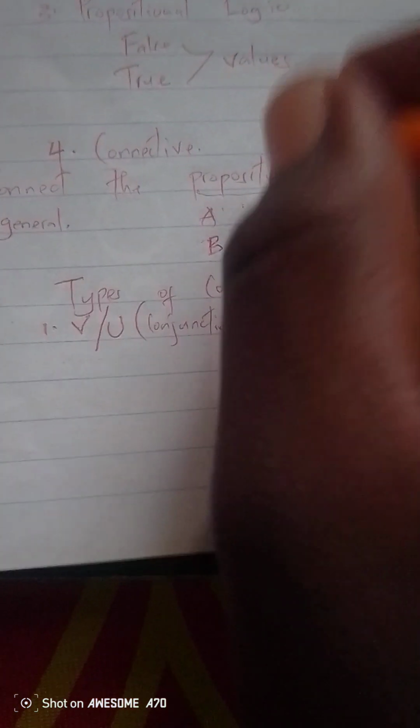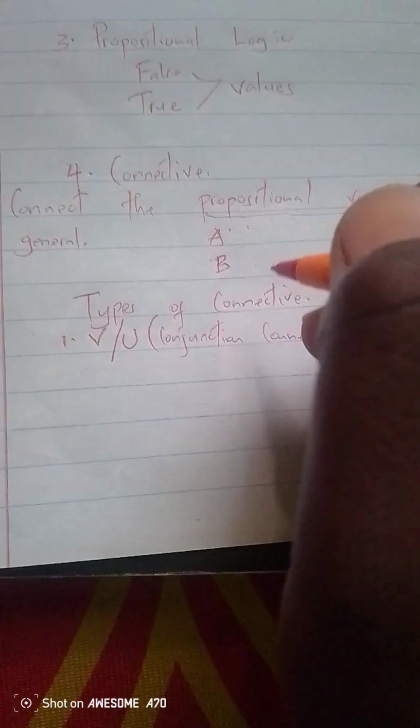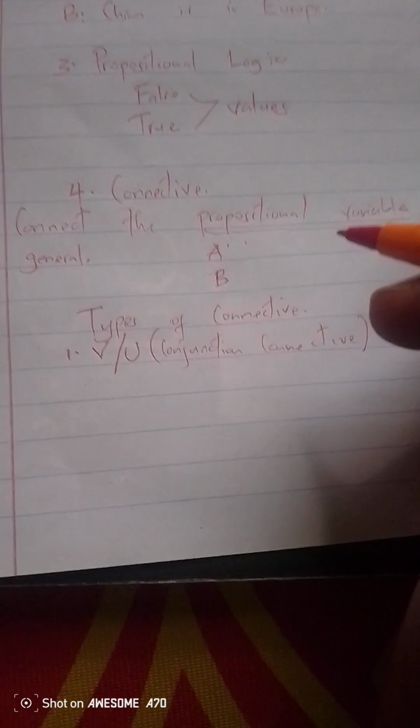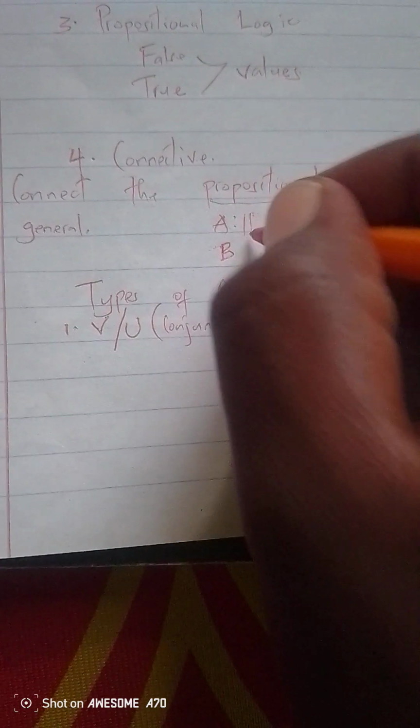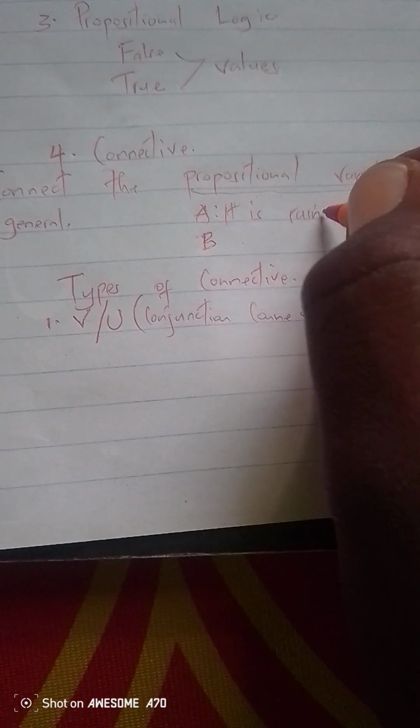For the first propositional variable, which was A, we can use the statement: it is raining. Again, propositional variable B, we say that the ground is wet.